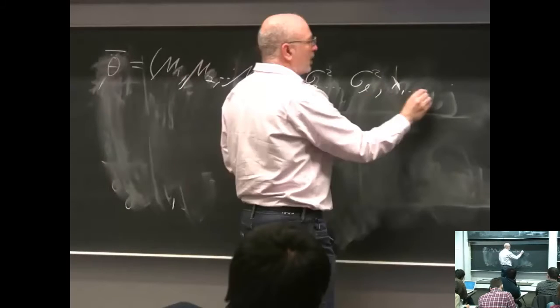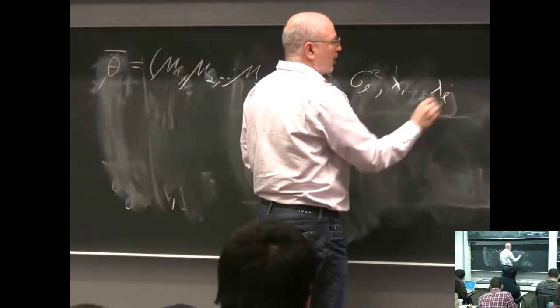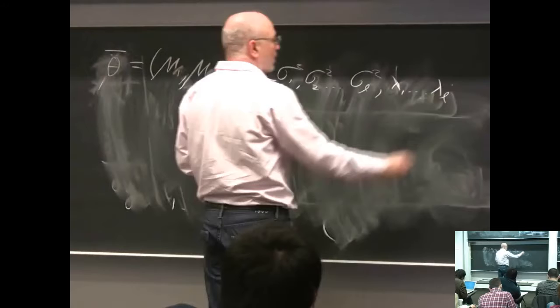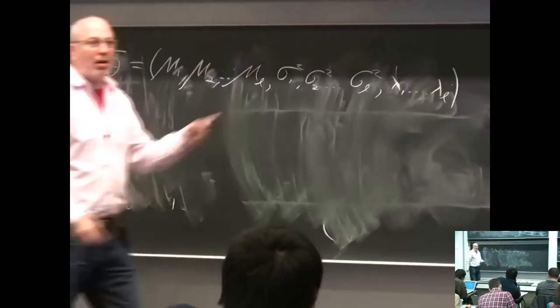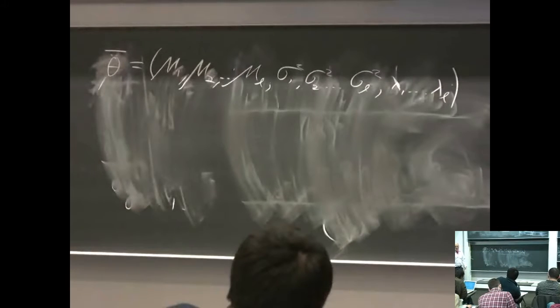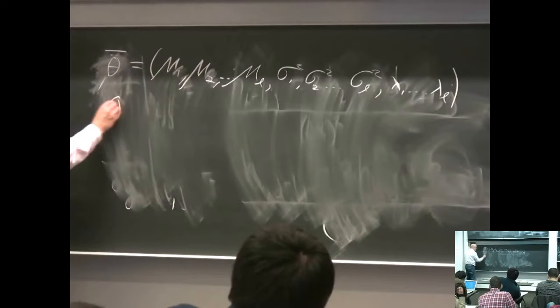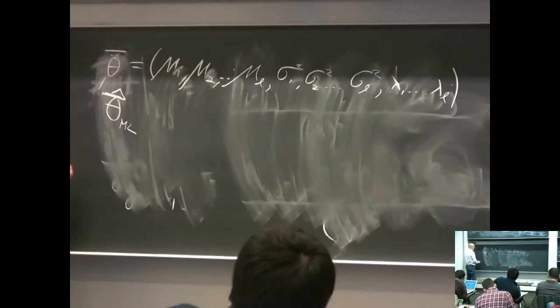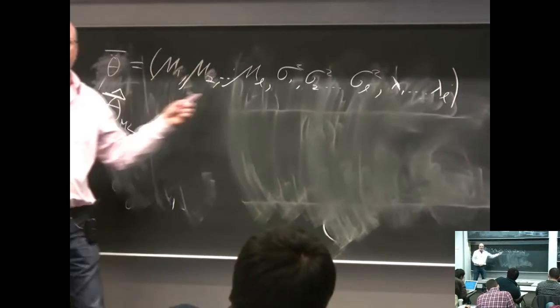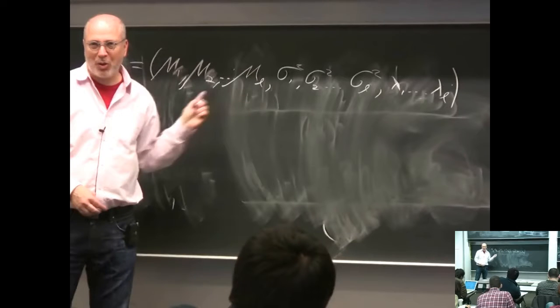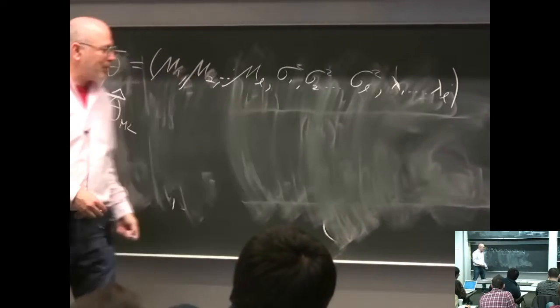Lambda 1, lambda L. So this is the set of 3L parameters, where L is the number of components. And our problem is to find the maximum likelihood of this set of parameters, namely the point in 3L dimensional space that corresponds to these parameters.